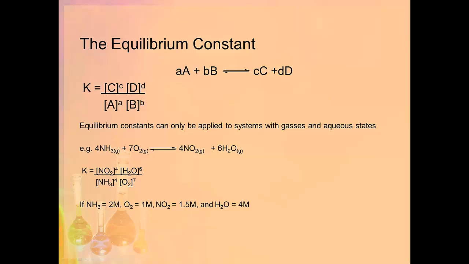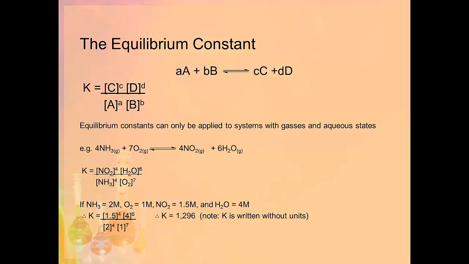were measured. And what we're saying here is that we've got 2 mole per litre of NH3, 1 mole per litre of O2, 1.5 mole per litre of NO2, and 4 moles per litre of H2O. So we can put these numbers into the equilibrium constant expression, and we can actually get a value for K. Now in this case, K is 1,296.